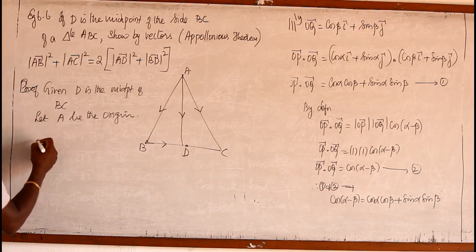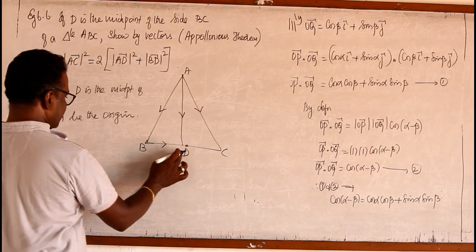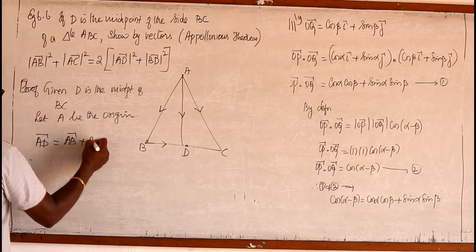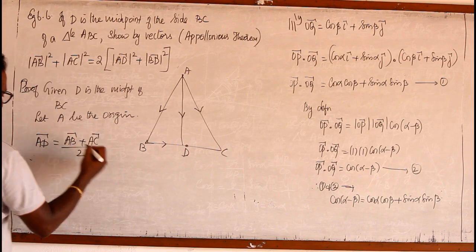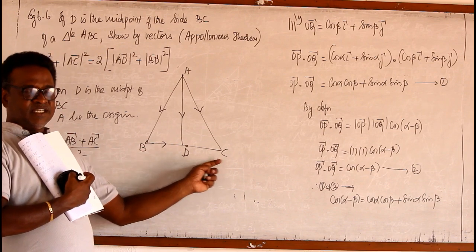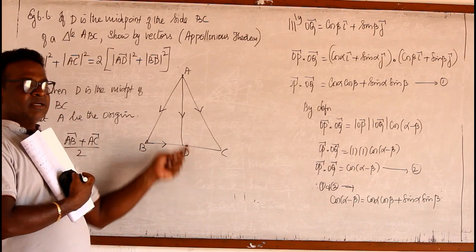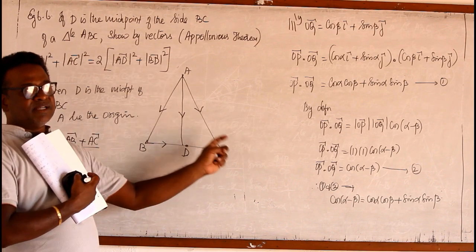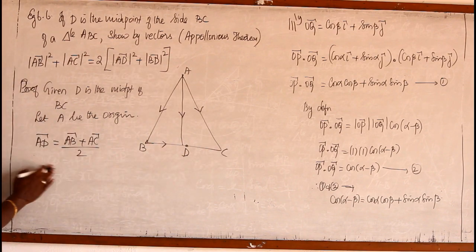Then we know AD vector, since D is the midpoint, equals AB vector plus AC vector by 2. Normally position vector of D is position vector B plus position vector C by 2, the midpoint formula. But I am taking A as the origin, so AD vector is AB vector plus AC vector by 2. So this is AD vector.